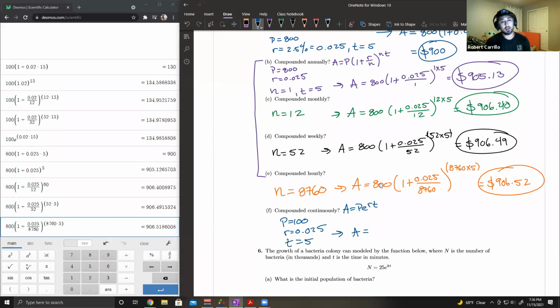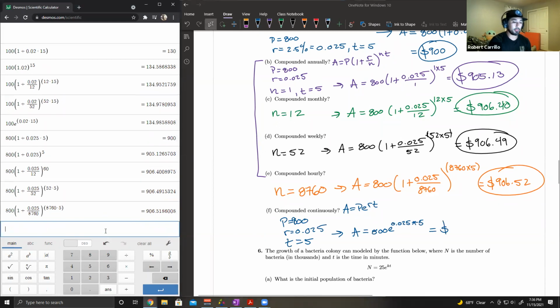So A equals 800 e raised to the parentheses 0.025 times 5.